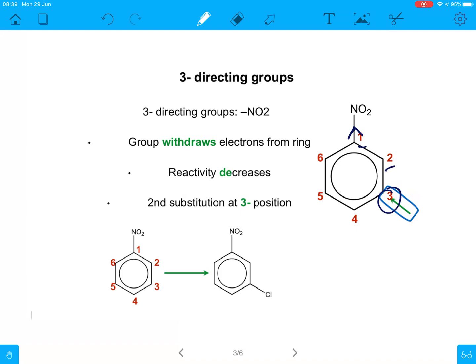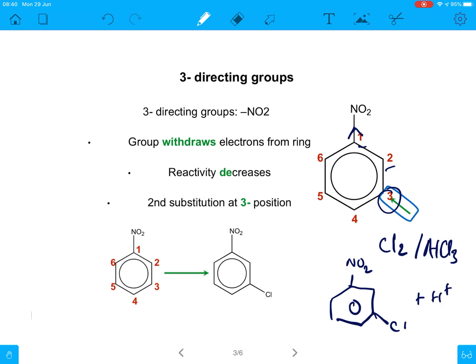So if we were to react this now with chlorine and a halogen carrier such as AlCl3, our product would look like NO2, and our chlorine would go on there, and we would obviously lose H in our substitution product. Okay, and it's used extensively in synthesis.